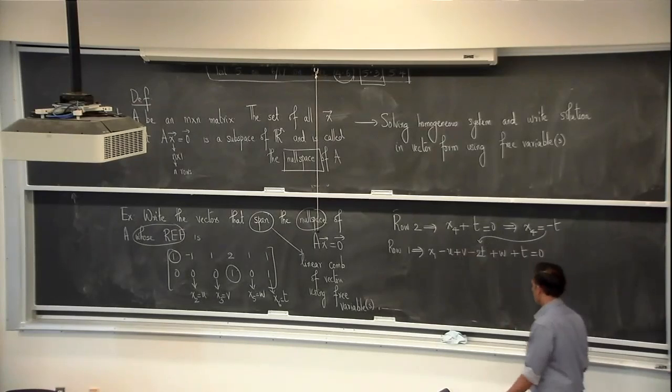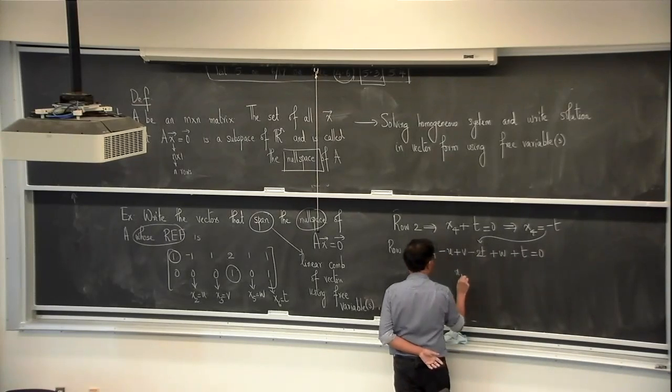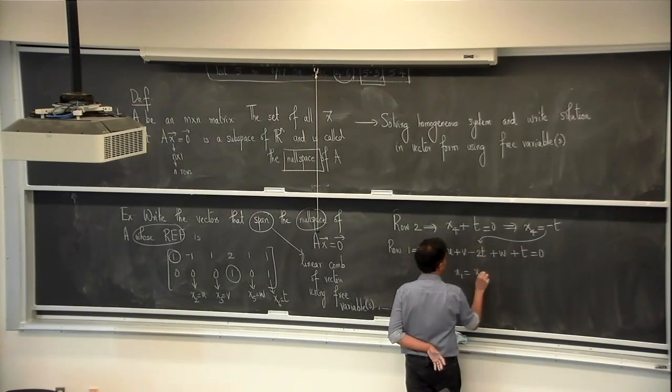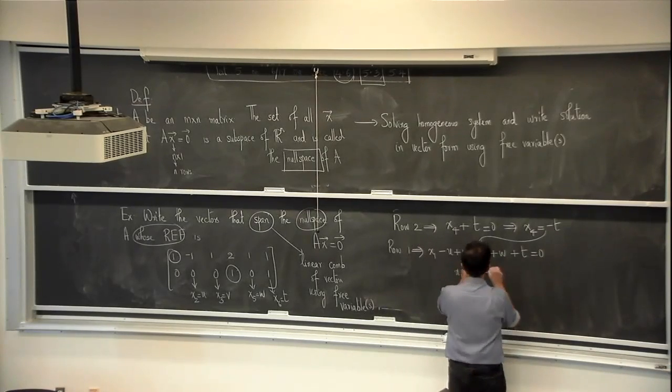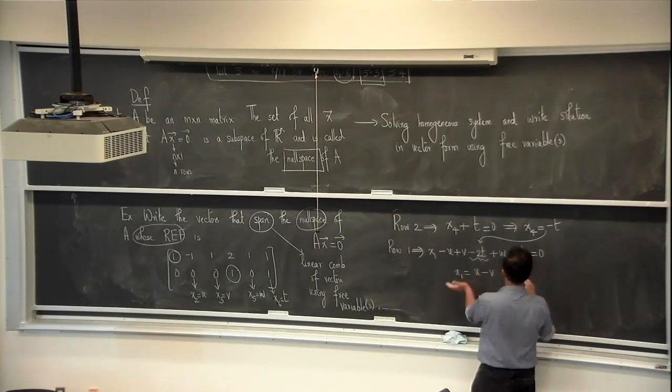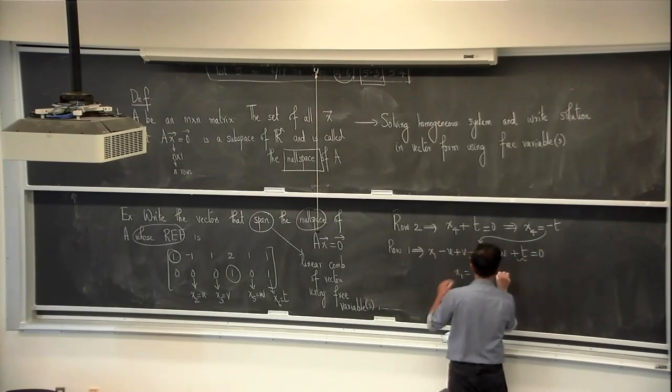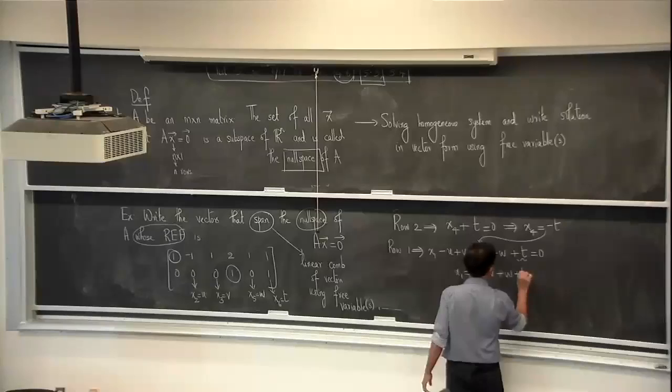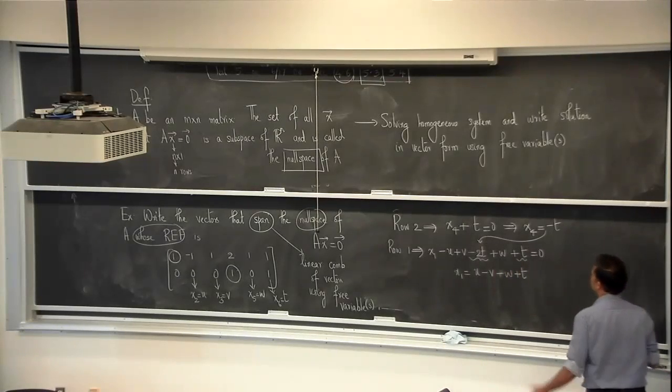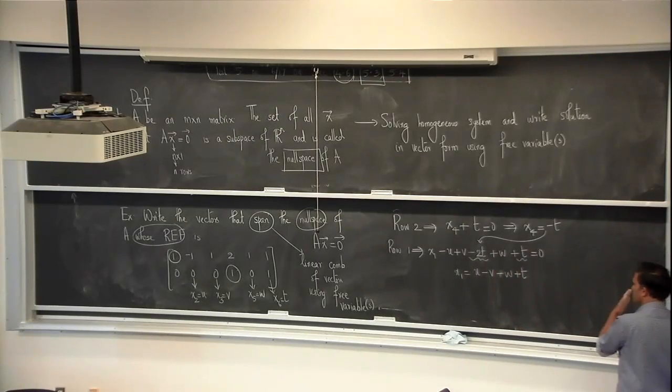So just solve for x1. We just got a whole bunch of free variables to contribute to it, so it's going to be u minus v minus w plus t. The negative t on the left side becomes a positive t on the right side. Shift everything, change sign.